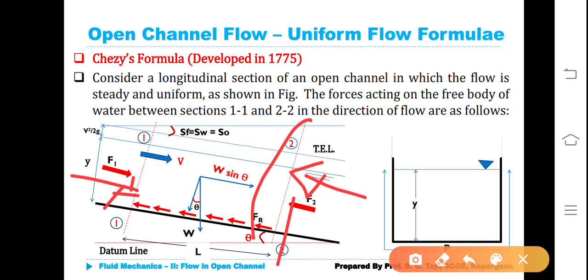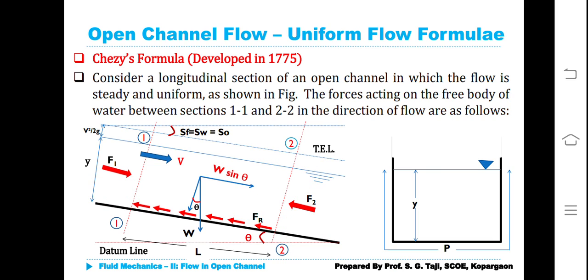Component of weight W sin theta acting in the direction of flow. SF is equal to SW is equal to S0, slope remains constant. The frictional force due to air resistance may be considered as very negligible.